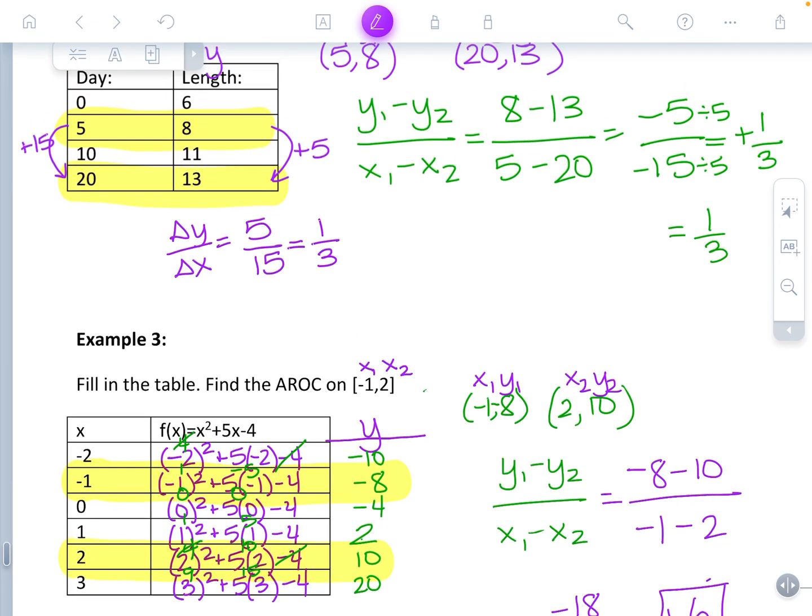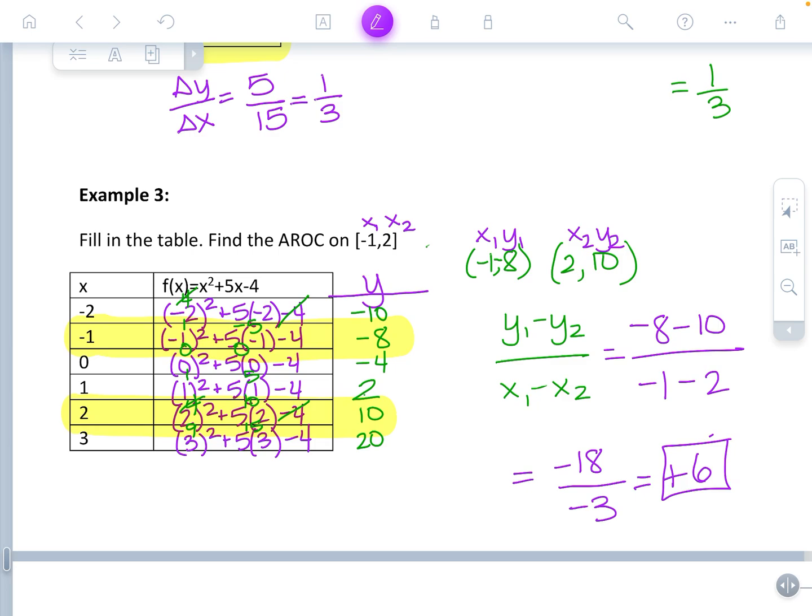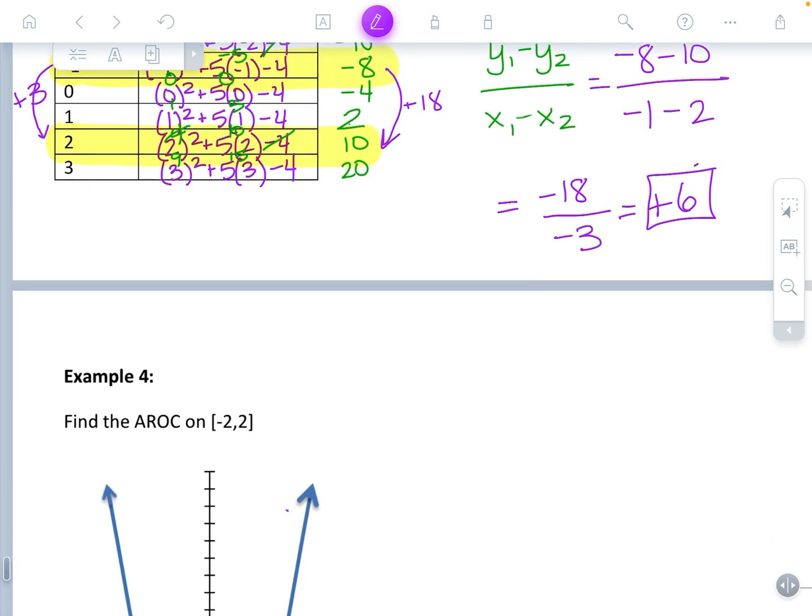And once again, you could do this the way where you go, okay, from negative 8 to 10, how does it change? It may be really hard for you to think that that actually grows 18. So that's why I might recommend that you stay with the formula method. From negative 1 to 2, that's growing 3. But if you're having a hard time with the negatives, I really recommend that you stick with the formula.